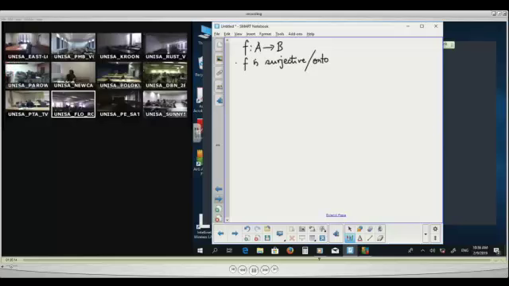It means that every element of B has a non-empty stalk.